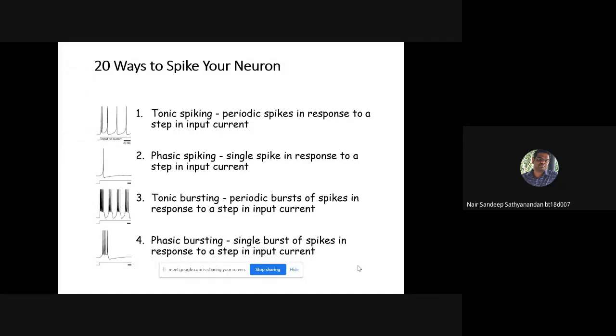Next is the phasic spiking in response to the step input. Then the tonic bursting. We can see that it is a periodic bursting. It bursts for a small amount of time and then it continues in regular periods. Then the phasic bursting. It bursts for some time, then it is silent.